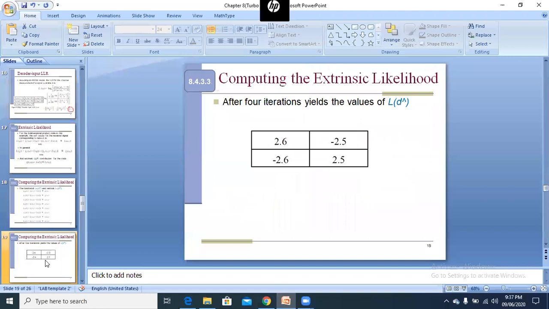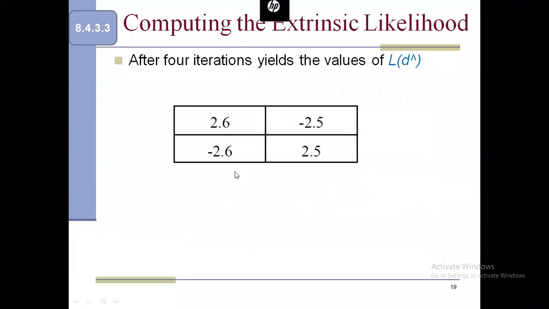After the fourth iteration, we have the results improved to 2.6, minus 2.5, minus 2.6, and 2.5. So here we have decoded the same message 1, 0, 0, and 1. But here the confidence level is very high.